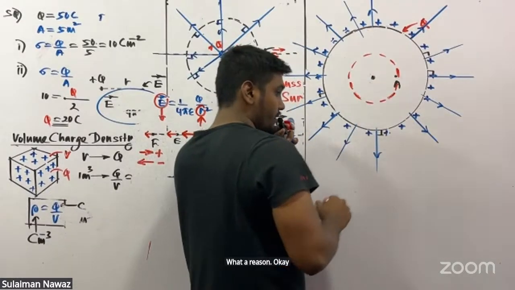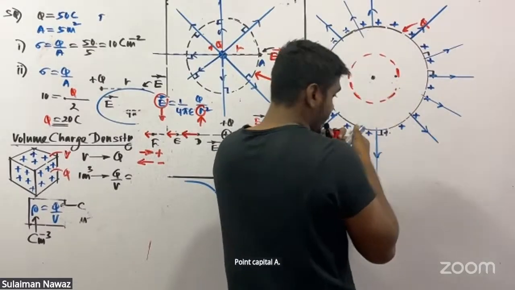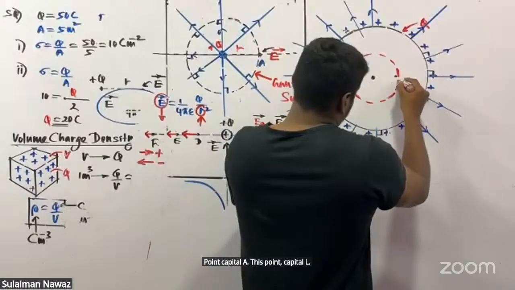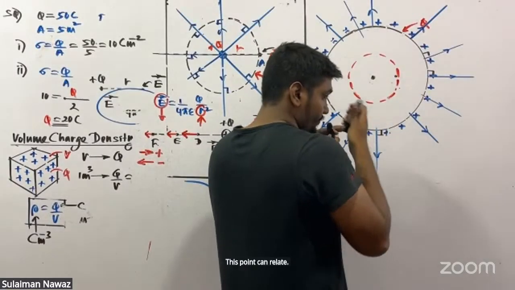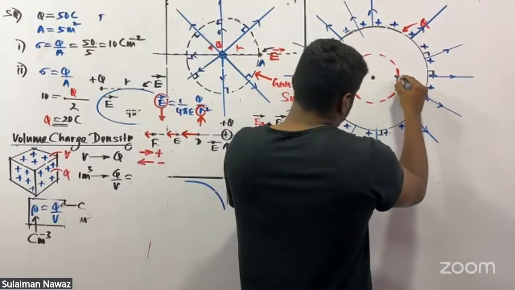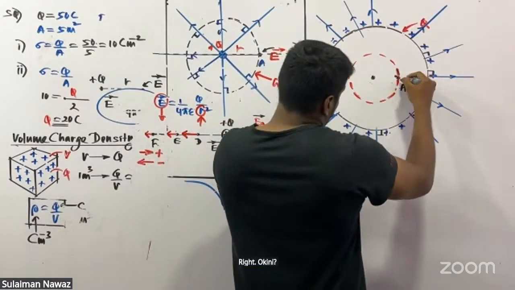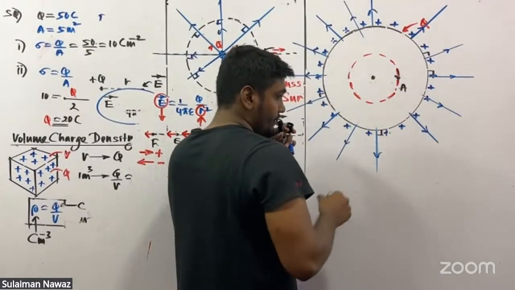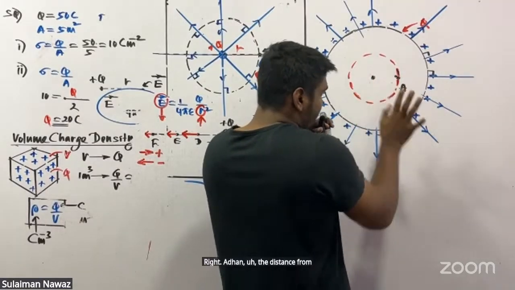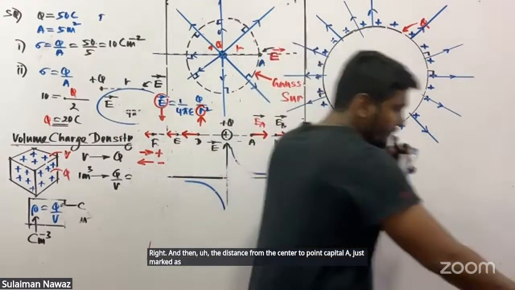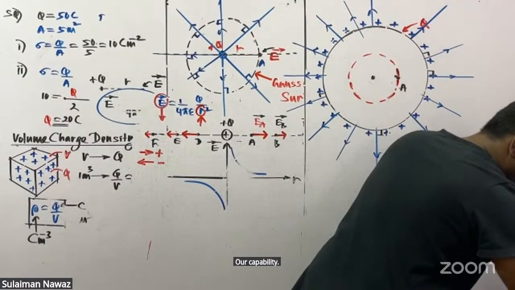This is point capital A. Then the distance from the center to point capital A, just mark it as R capital A, or R1, R2, R3.